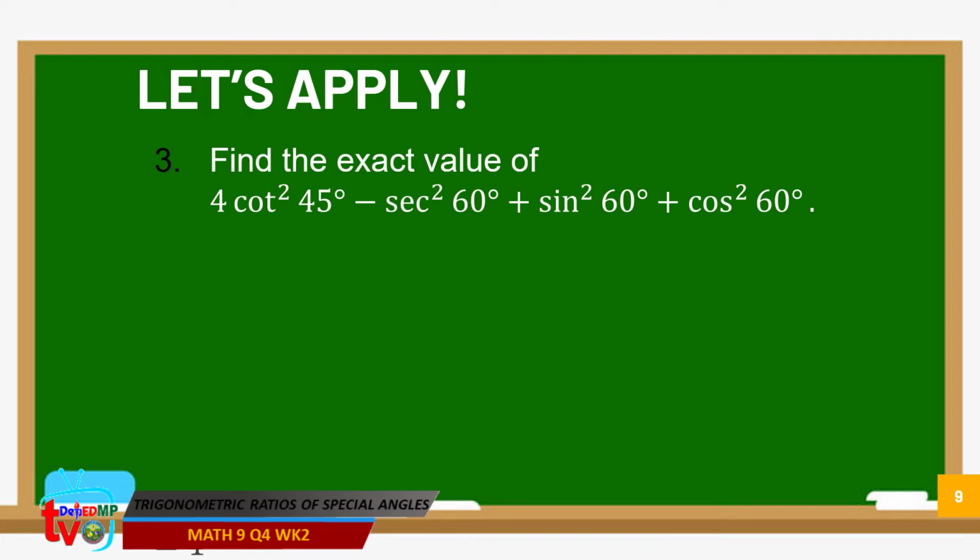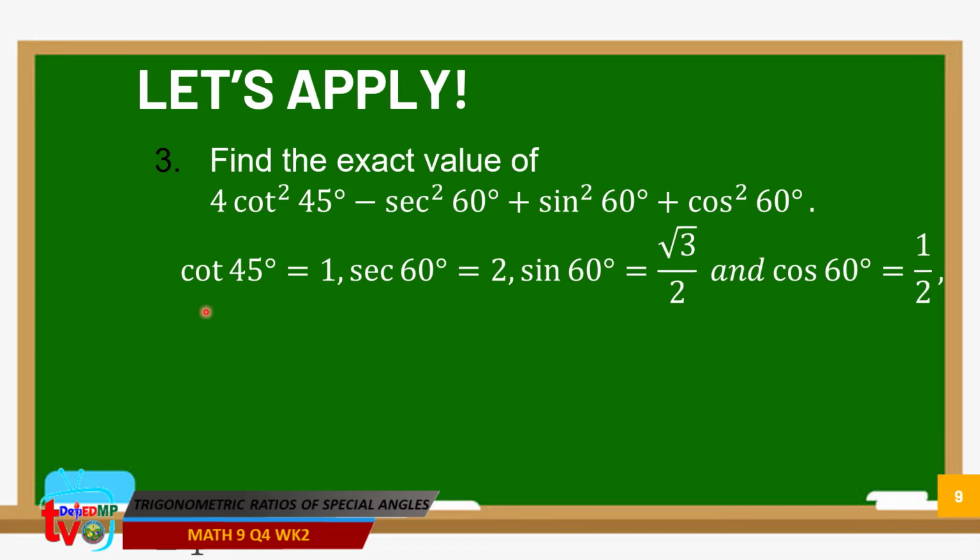Third application. Find the exact value of 4 times cotangent 45 degrees squared minus secant 60 degrees squared plus sine 60 degrees squared plus cosine 60 degrees squared.